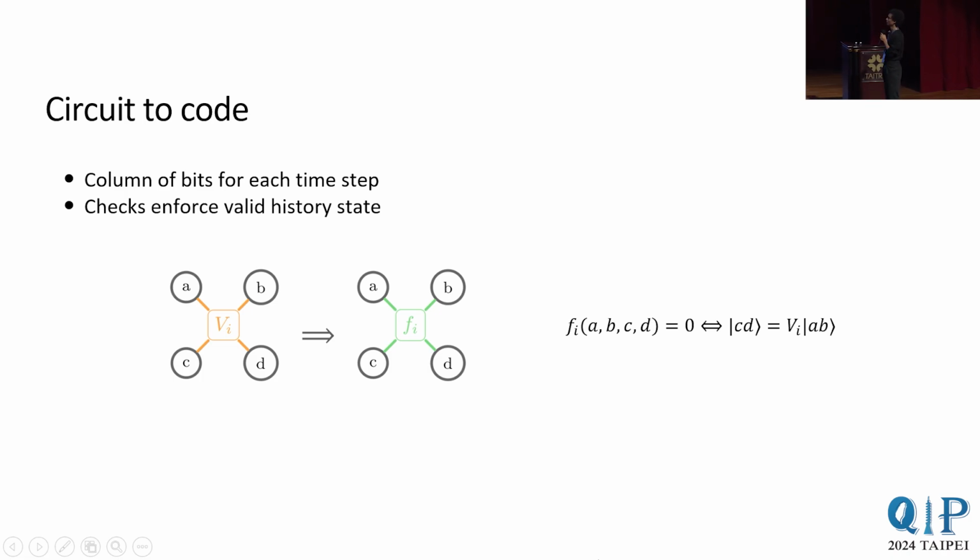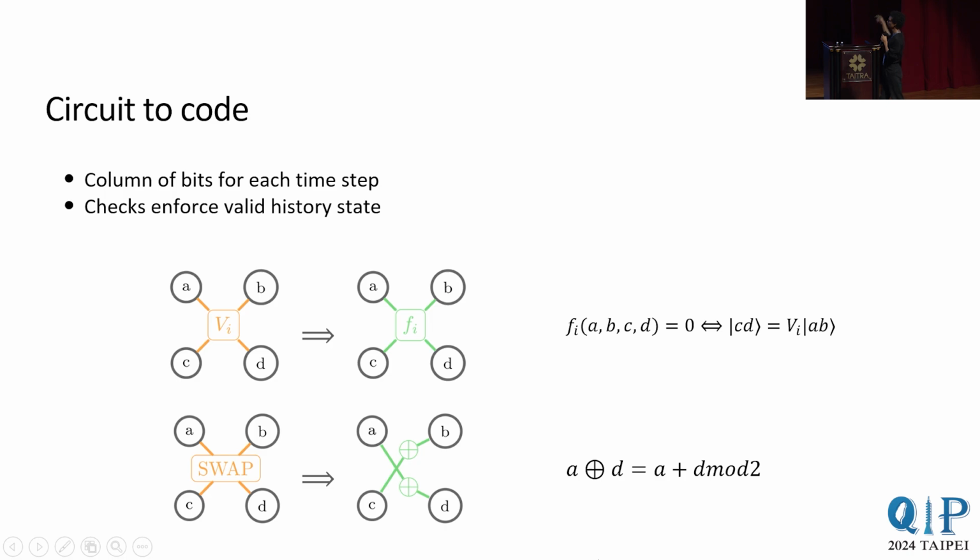This might look a little bit weird, but a very simple example is the swap gate. The swap gate would swap the value of A and C. It corresponds essentially to having a ZZ check between A and D, because whatever the value of A is, we want the value of D to be the same. And also a ZZ check between C and B, because whatever the value of C is, we want the value of B to be the same.